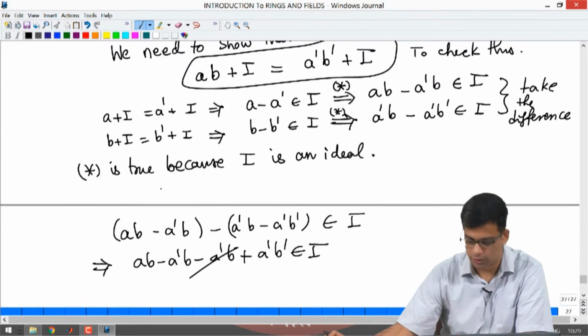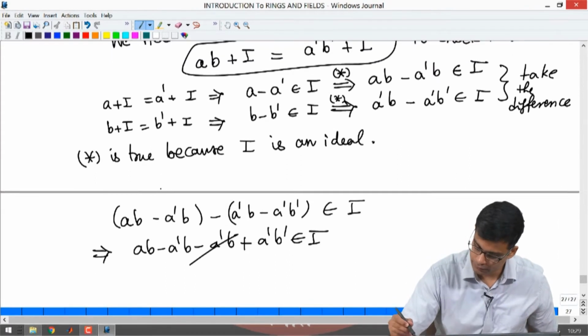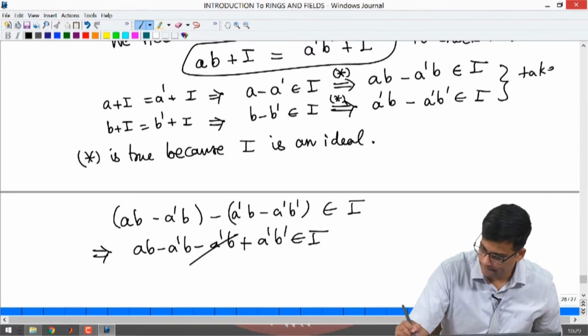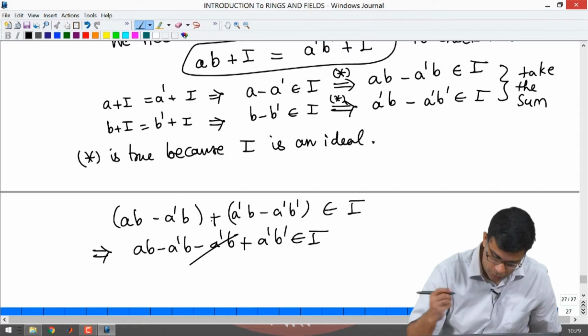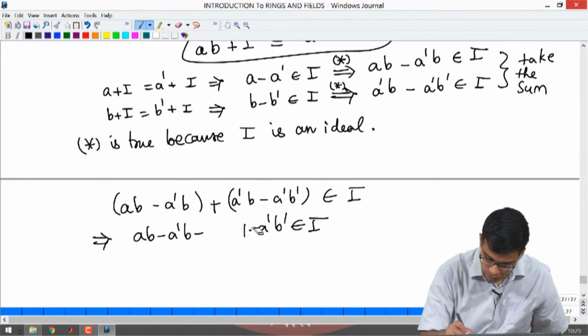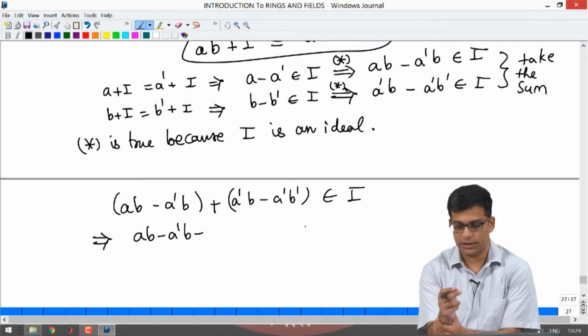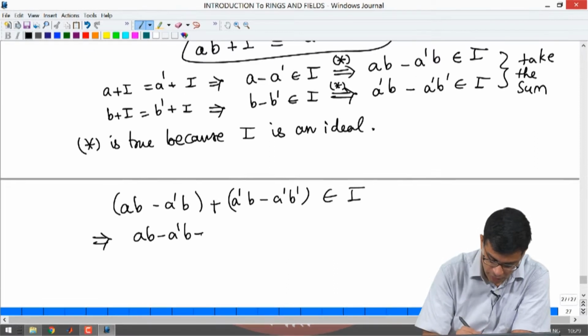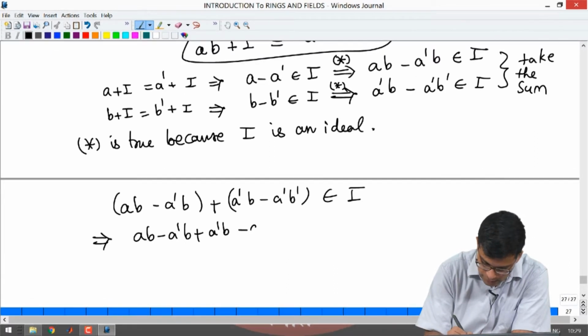So, yeah, I am sorry, actually I take the sum, I got confused. I take the sum, not the difference. So, I put plus here. So, again two things are in I, their sum is also in I. So, I can take ab minus a prime b plus a prime b minus a prime b prime.